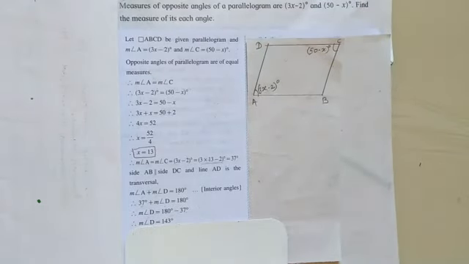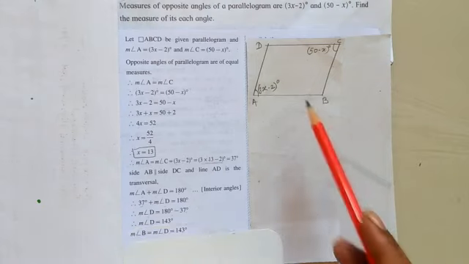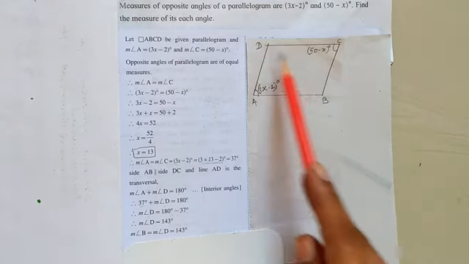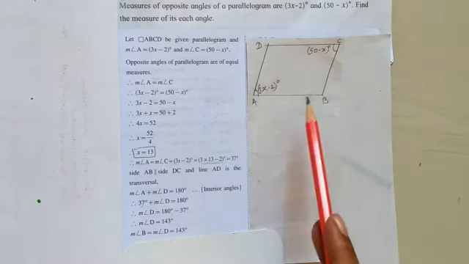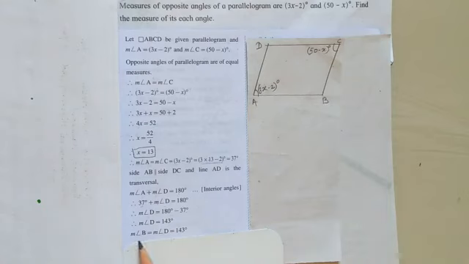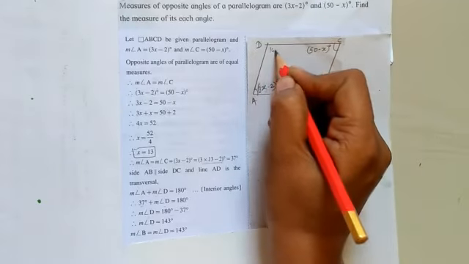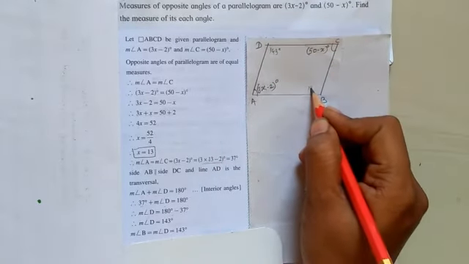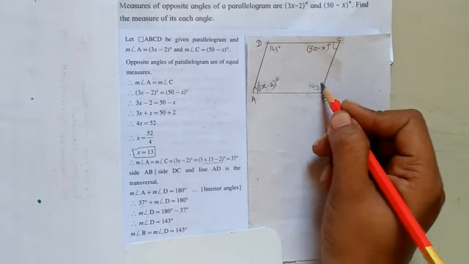Now as we know that opposite angles have the same measurement, or they are congruent to each other, measurement of angle B and D are the same. Therefore measurement of angle B is equal to measurement of angle D, which is 143. Like that, we get the measurement of the other angles.